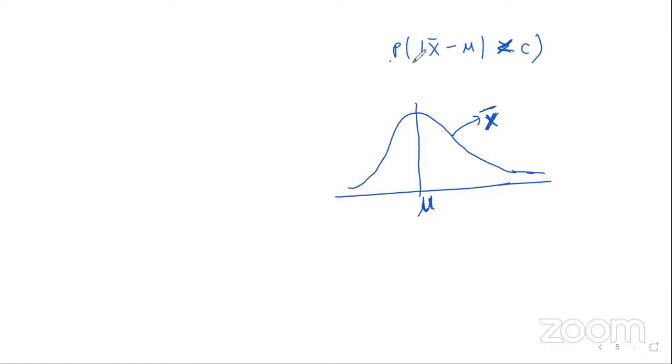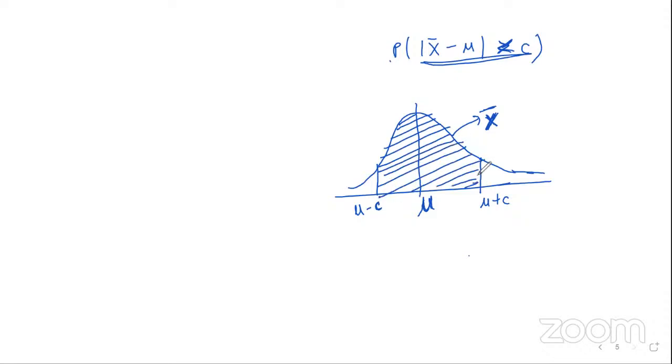If you break this, this is mu plus C, and this is going to be mu minus C. So X bar lies between mu minus C and mu plus C. If you write this, you are actually going to get this probability, right?